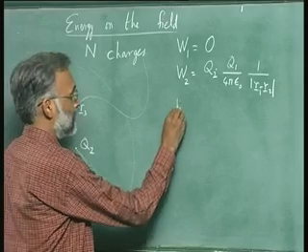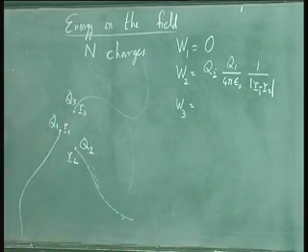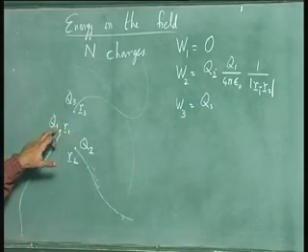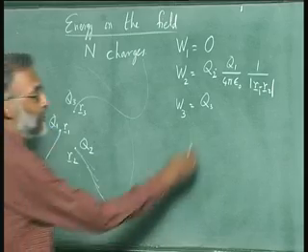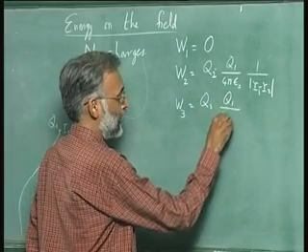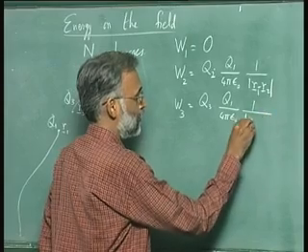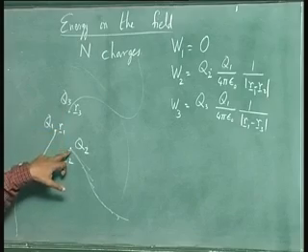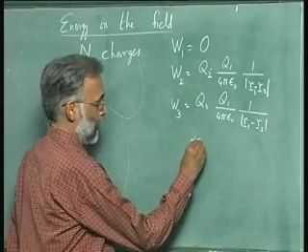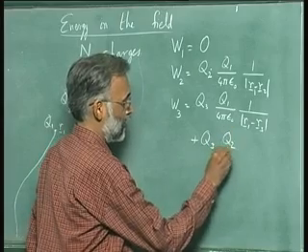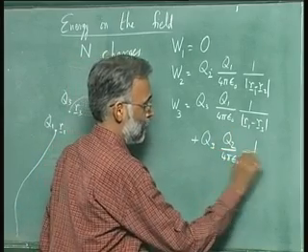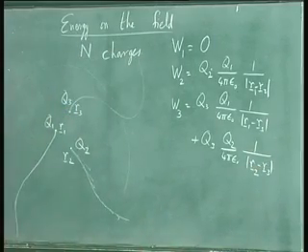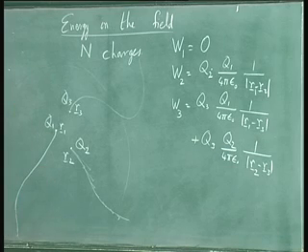So W3, which is the amount of work I had to do to bring Q3 in, would be equal to Q3 times the potential due to Q1, which is Q1 over 4 pi epsilon naught 1 over magnitude R1 minus R3, plus Q3 times the potential due to Q2, one over R2 minus R3, and so on and so forth till we bring in n charges.